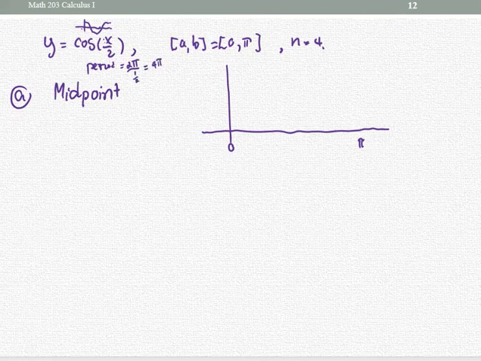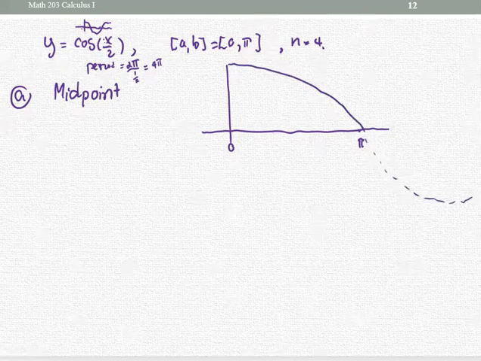So the period is 4 pi. That means from 0 to pi is just a quarter of the whole period, so it's supposed to look like this. It looks almost like a parabola or a curve, but this is the graph of the cosine.